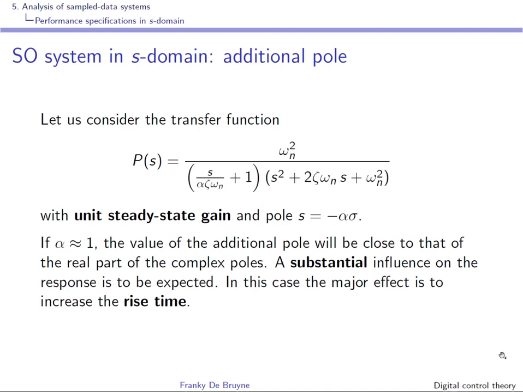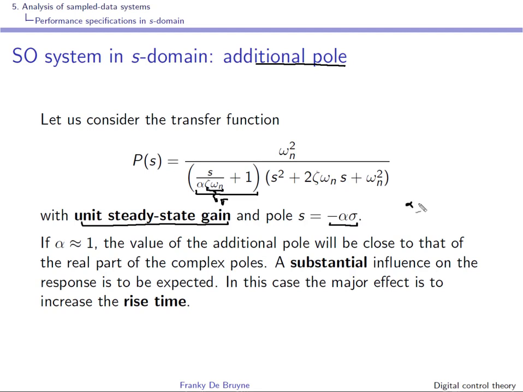We'll now consider the case of an additional pole, and again we'll introduce the pole in such a fashion that the steady state gain is preserved. We still have a unit steady state gain, and because this is sigma over here, we see that the pole is at minus alpha sigma.